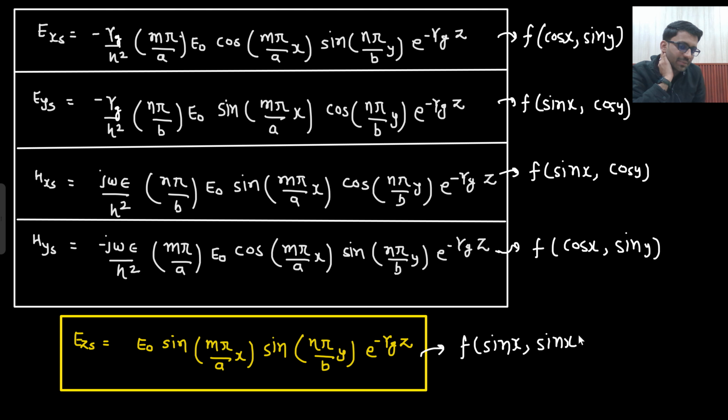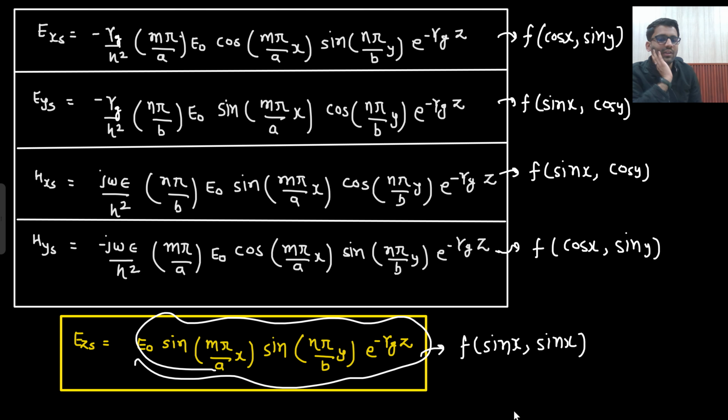If any expression is given in front of you, let us say I randomly give this expression, will you be able to understand whether it is EZS or EYS or EXS, or it could be HXS or HYS as well?